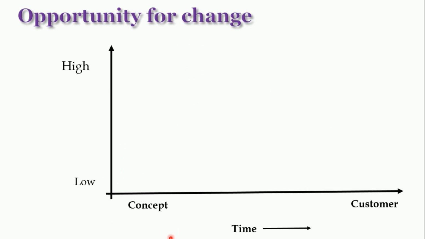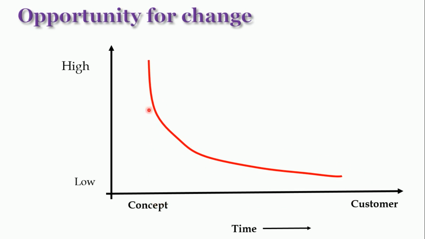Then, what are the opportunities for change in DFM? Here the graph shows time on the x-axis, starting with the concept phase and ending with the customers, and the y-axis shows opportunity from low to high. The line starts high and falls towards the customers.